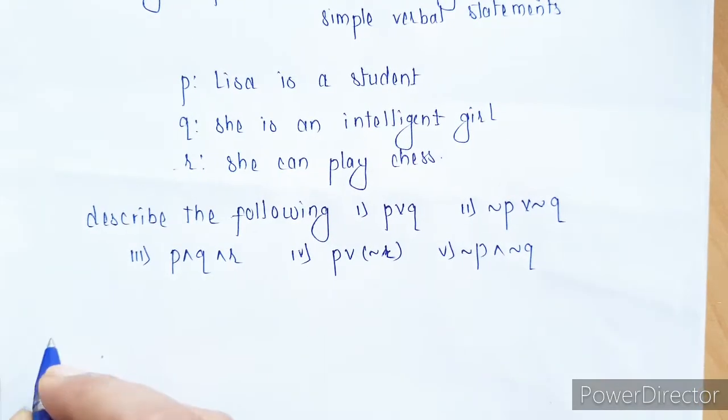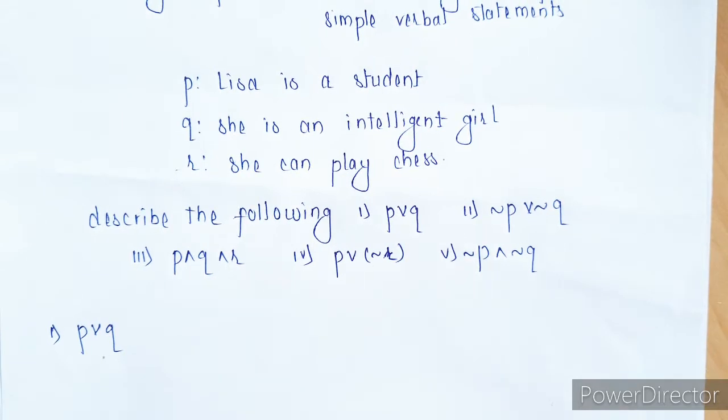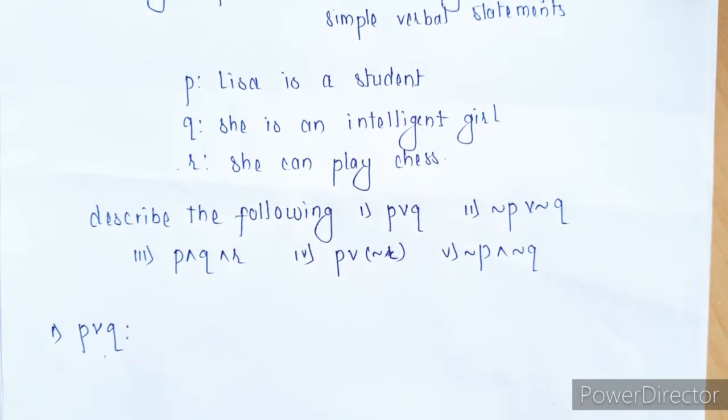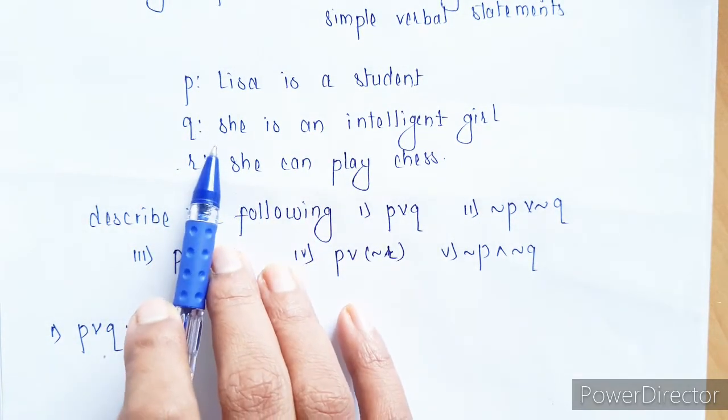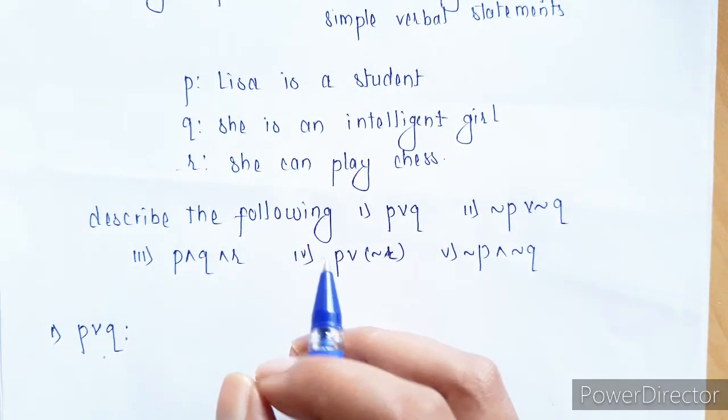In the first one we have P or Q. So we have to connect statement P and statement Q using the connective or, that is disjunction.